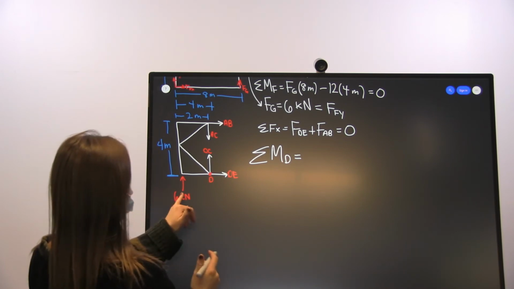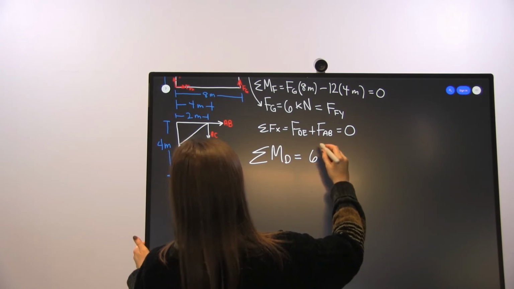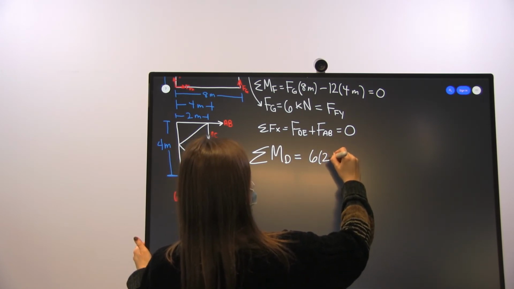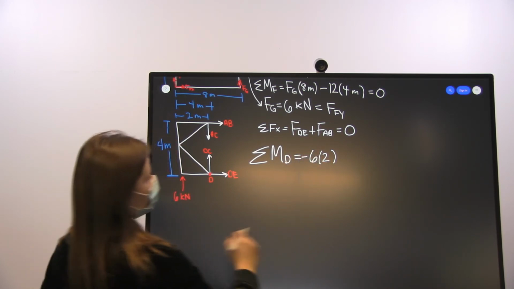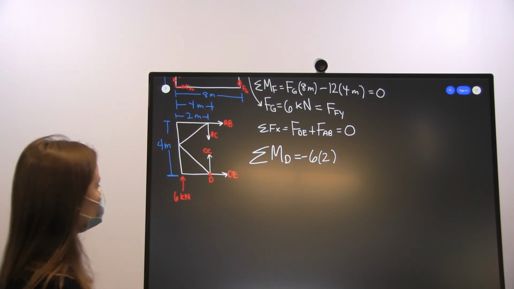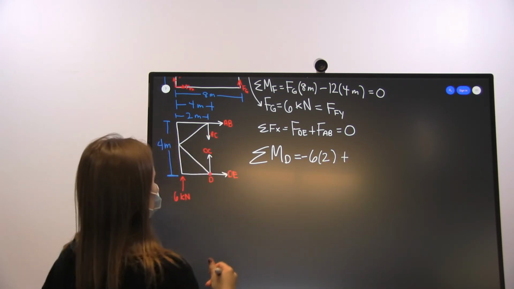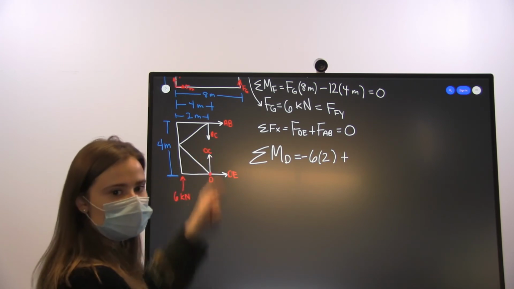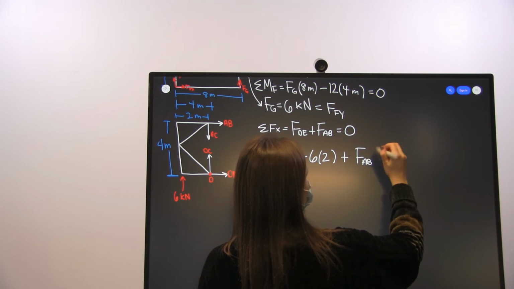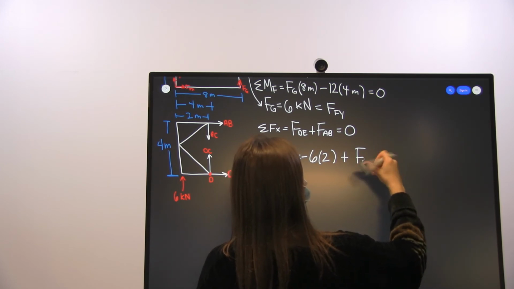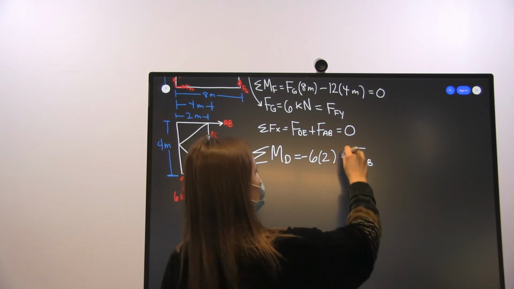So we're going to have 6 kilonewtons of force times 2 meters, and that's going to be negative, because it's going clockwise, so it's that clockwise rotation, so that's going to be negative. Plus, we also have force AB, and that's going to be positive, or no, that's also going to be negative, because it's doing the same thing.